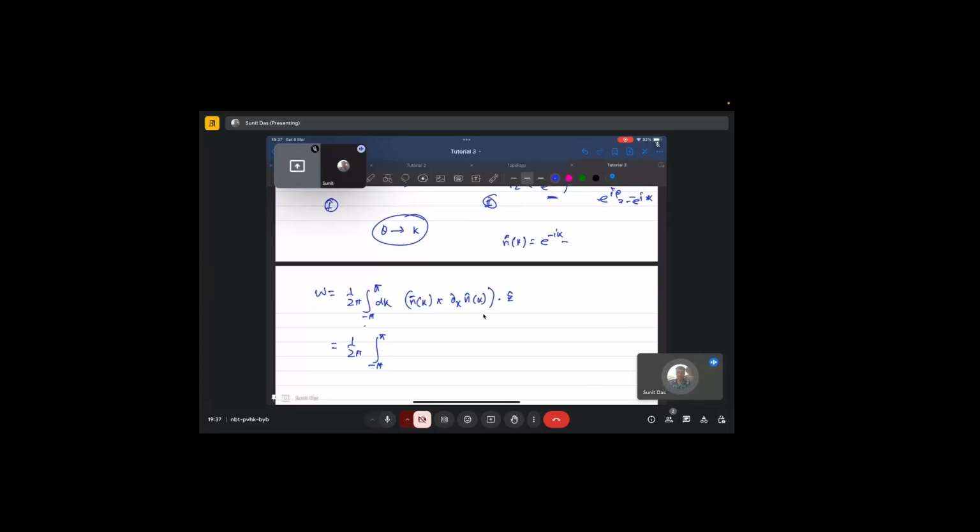So e to the power minus ik means cos k x cap. Again, remember that we are in the xy plane, and plus sin k, it will be minus sin k y cap, right?